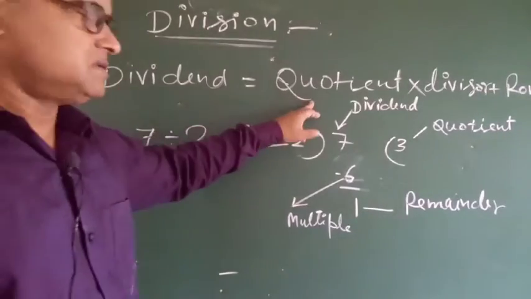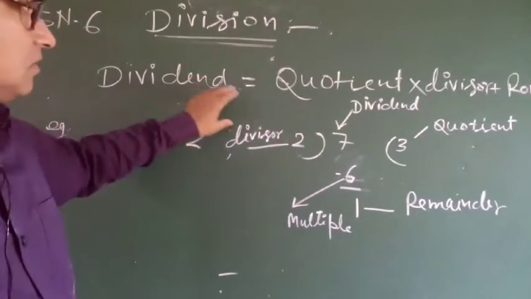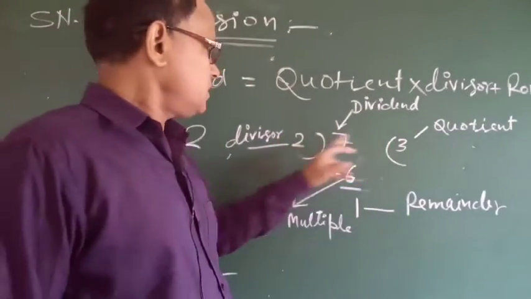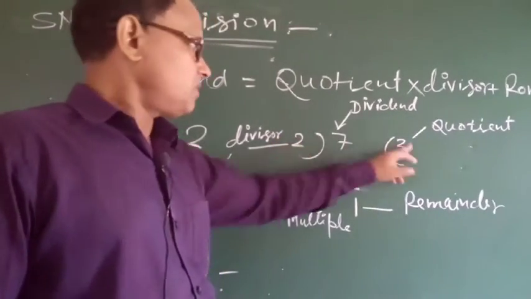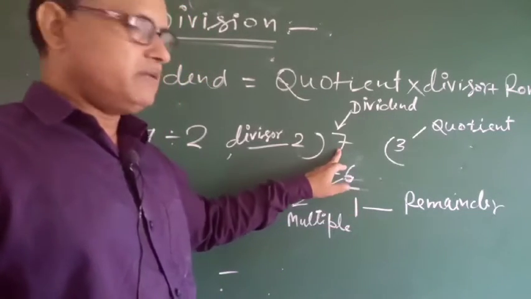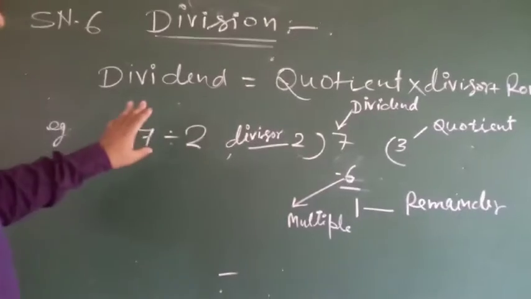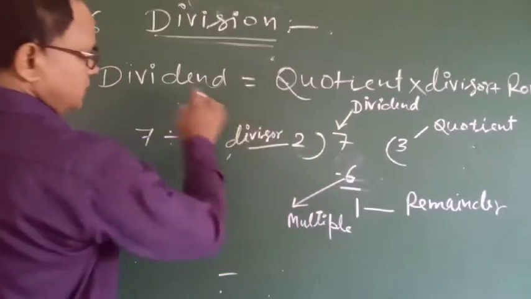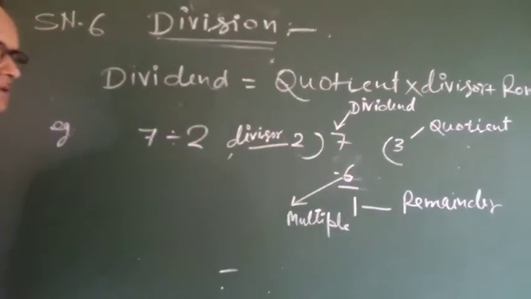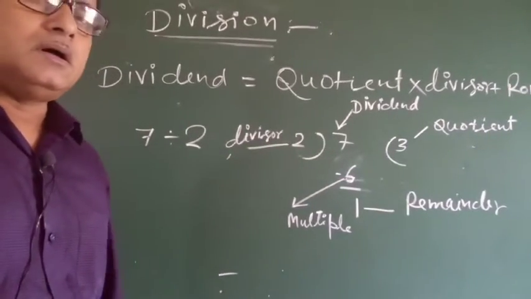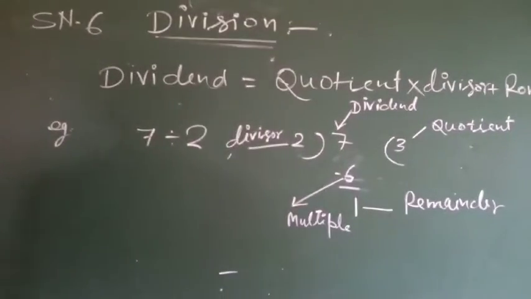On this basis, dividend is equal to quotient multiplied by divisor plus remainder. If we get 7, then this division will be correct. If we do not get the dividend, then the division is not correct. Okay?